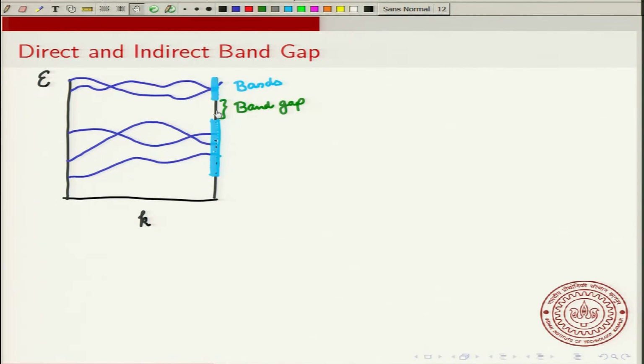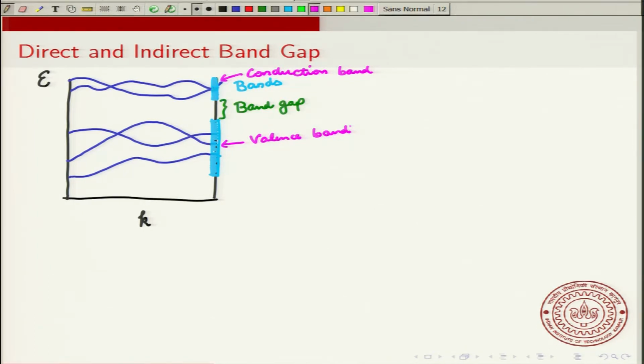For semiconductors or insulators that have a band gap, above the band gap the states are called the conduction band, and this is called the valence band.